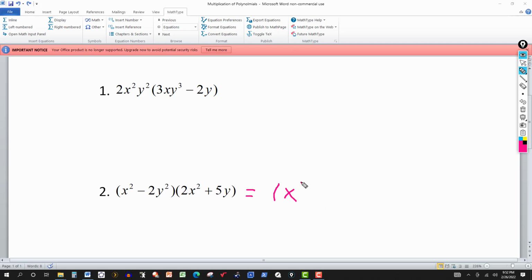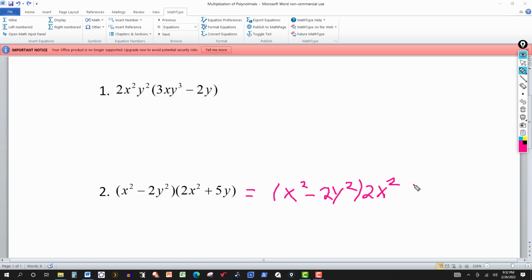But let's write it this way: x squared minus 2y squared, this multiplies the first term, so this will be 2x squared.